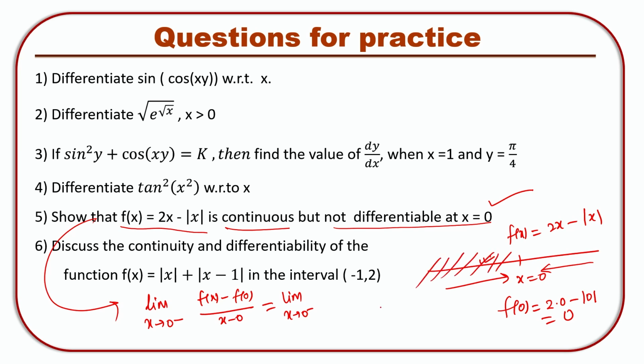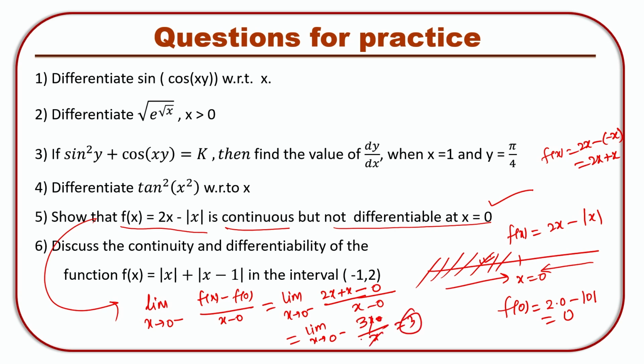From the left, f of x is equal to 2x minus modulus of x, which is 2x plus x, since x is negative. So here we have 2x plus x minus 0, divided by x minus 0. So this limit as x tends to 0 minus is 3x divided by x, the x cancels out, so 3.